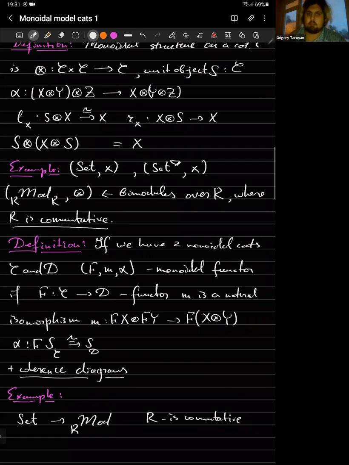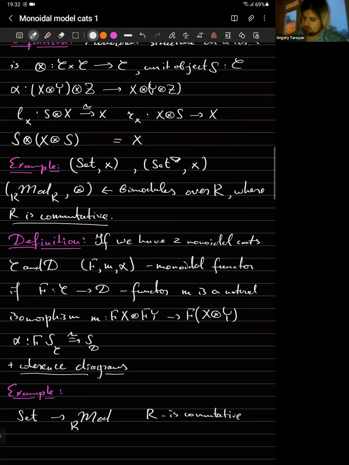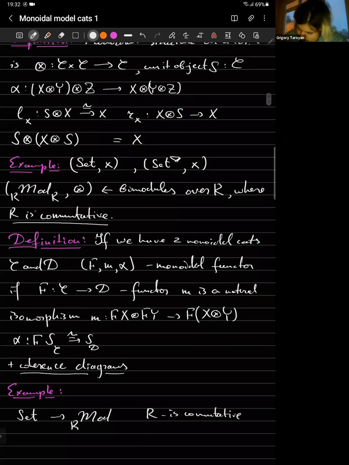That's why we need bimodules. Otherwise, modules over commutative ring are canonically isomorphic to bimodules. Actually, they're not canonically isomorphic, but we can make any module a bimodule by considering this symmetric multiplication. So here, actually, R is not necessarily commutative.